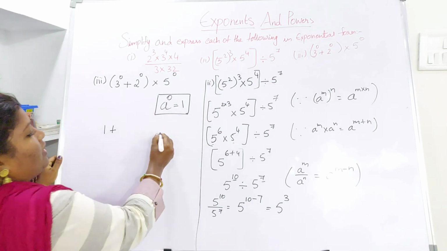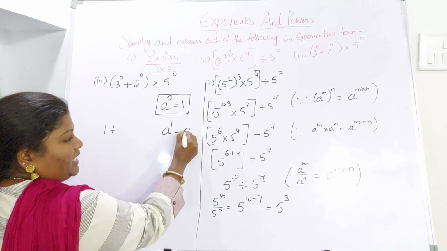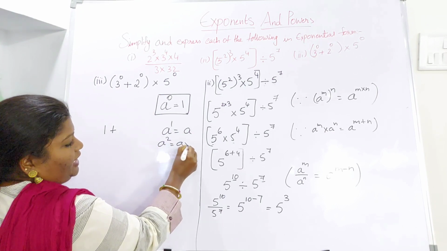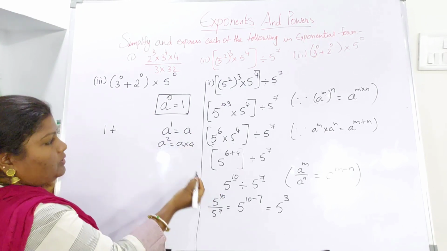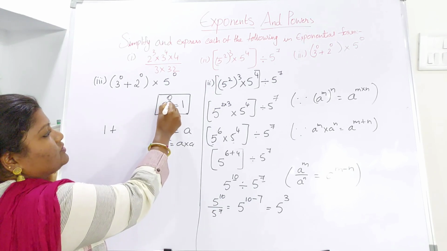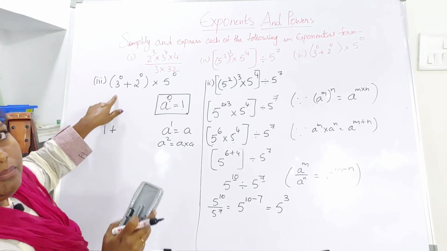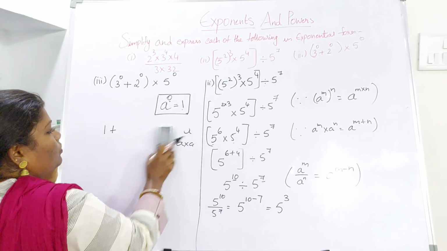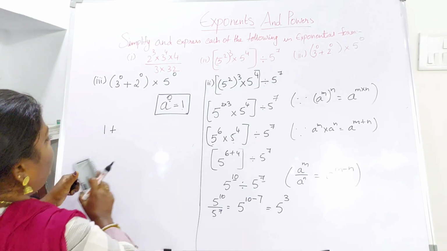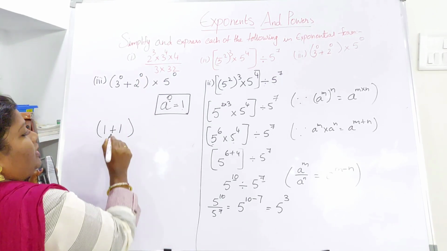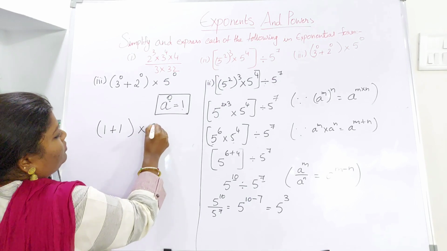Now if at all you have a to the power of 2, it indicates a into a, that is a is multiplied 2 times. Now here a to the power of 0 is 1. So here the value of 3 power 0 is 1 plus 2 to the power of 0 is 1 in brackets, into 5 to the power of 0.